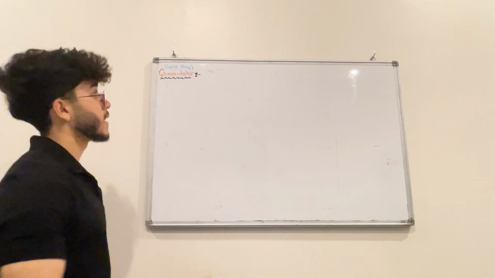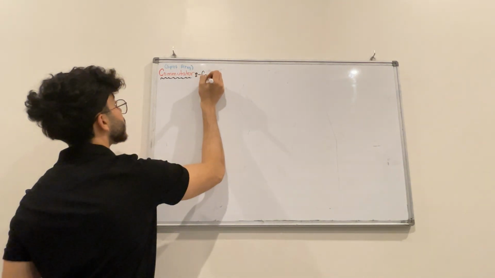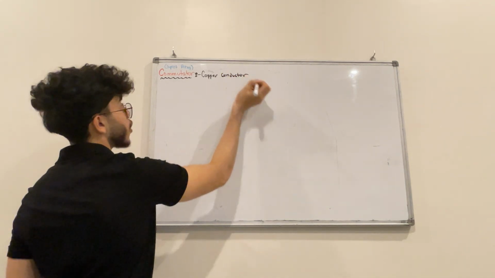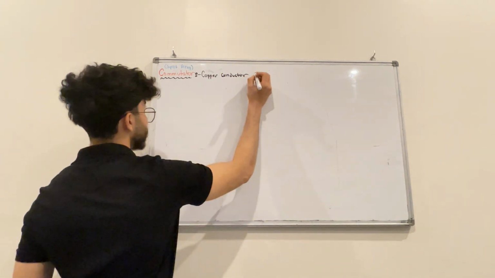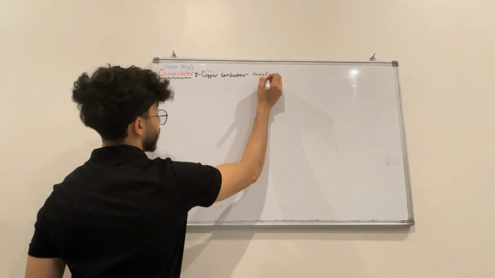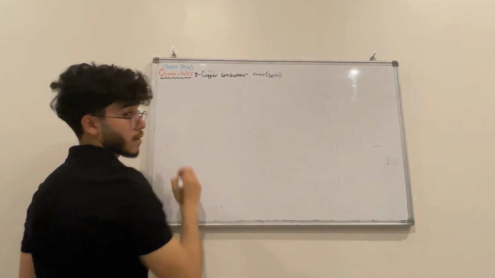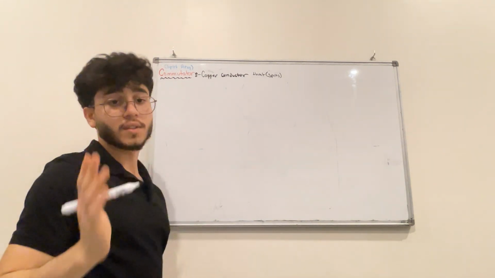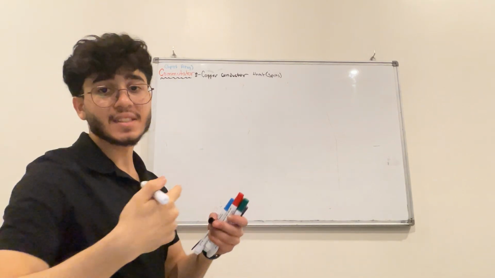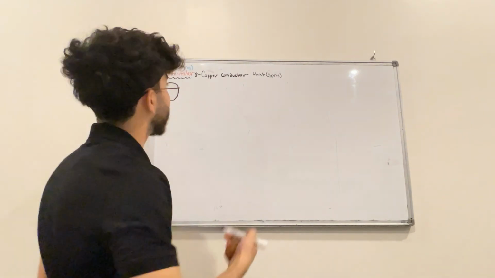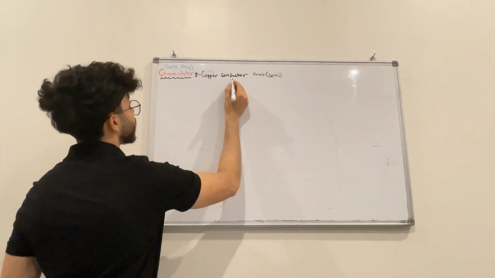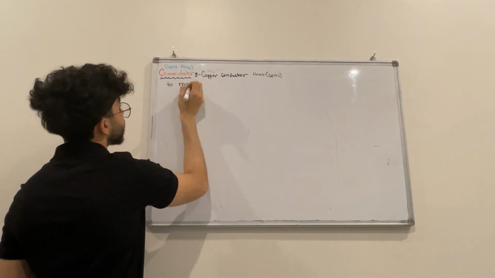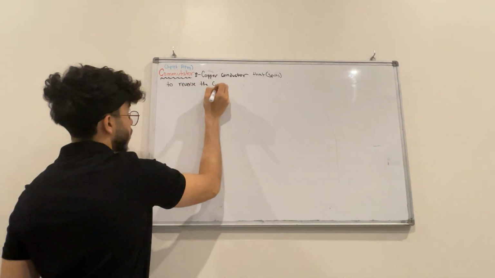The commutator is a copper conductor that spins, and what it does is that it basically reverses the current every half spin to allow a full 360 rotation.